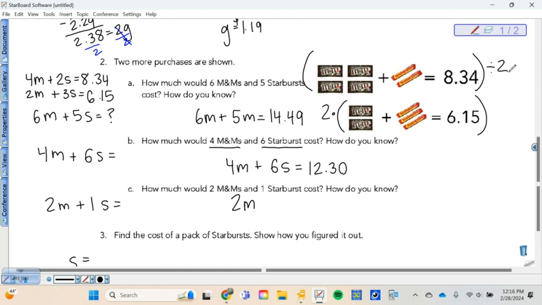What's 2 Starbursts divided by 2? 1 Starburst. So 2 M&Ms and 1 Starburst is going to cost how much? $4.17. Perfect. Because it's this top purchase, just divided in half. If I want to figure out 2 M&Ms and 1 Starburst, that's half of this purchase. Does that make sense?